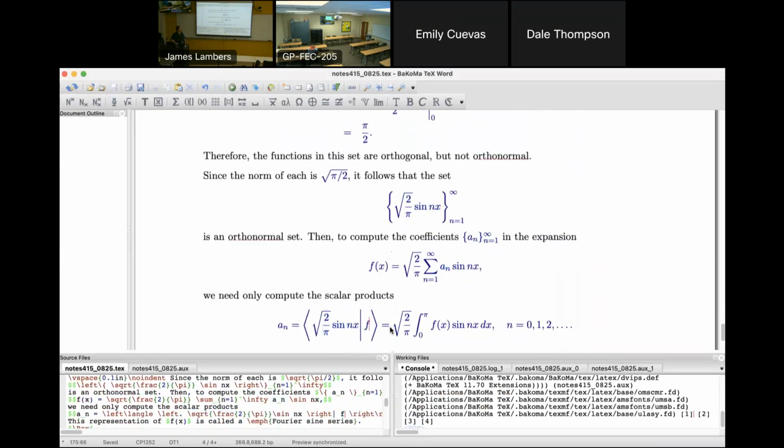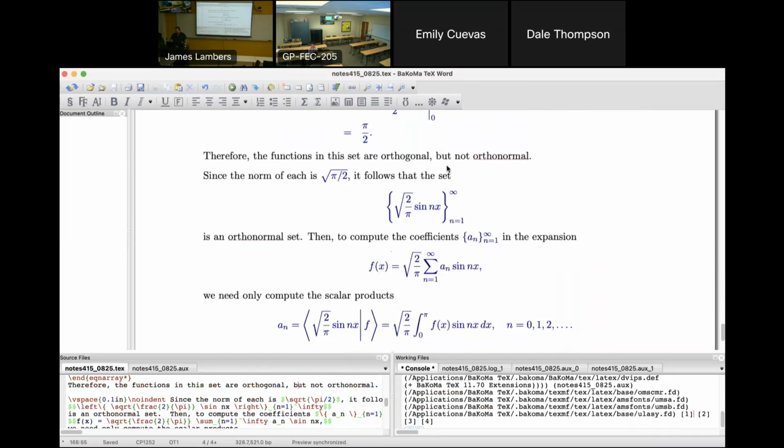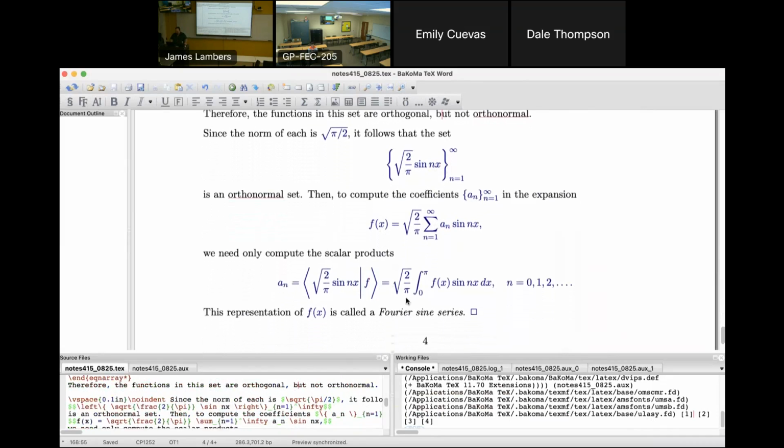Questions about this example? Okay, and we call it a Fourier sine series. When you expand a function as a linear combination of an infinite basis of sines, that's a Fourier sine series.